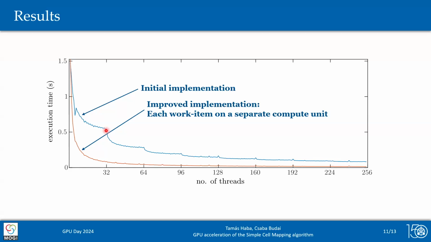And when there's another one, so when we are having 33 work items, the 33rd will be assigned to a completely new compute unit, which will not be affected by the other threads. But when we deliberately assign each work item to a different compute unit, we can get rid of the problem.